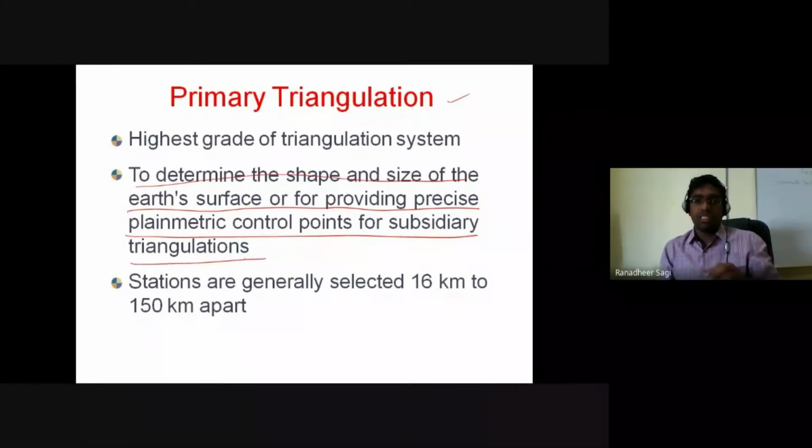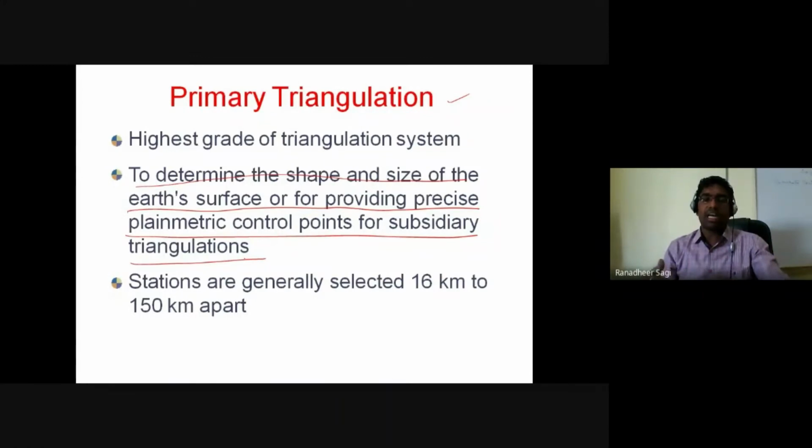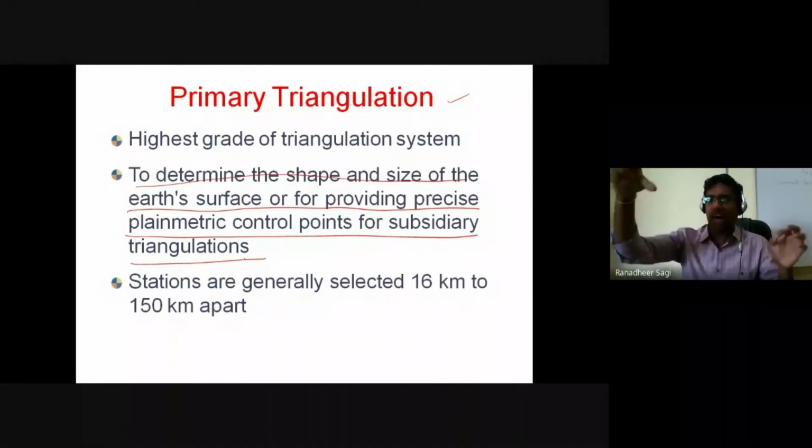Subsidiary means intermediate triangulation networks. If I want to build those, we first represent a triangulation frame network with triangulation stations relatively very far away. I repeat, in this primary triangulation network, the stations are chosen at a very far away distance.